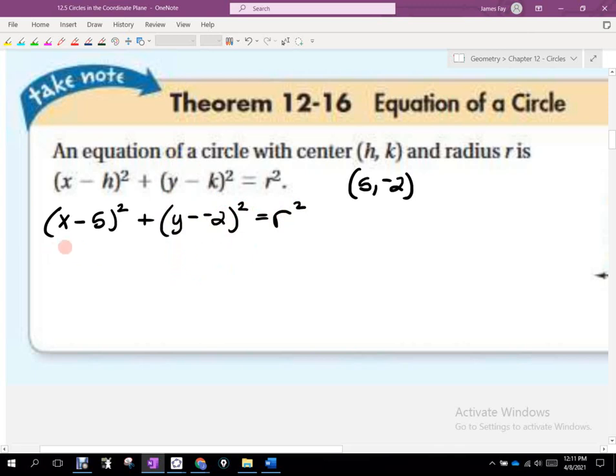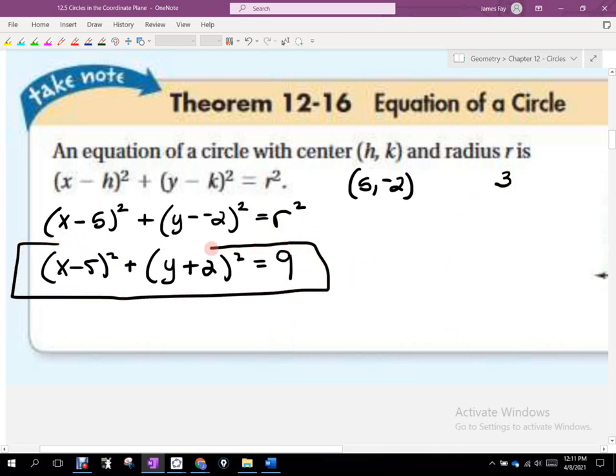That turns into x minus 5 squared plus y plus 2 squared equals r squared. Let's say we had a radius of 3. If r is 3, we would put 9 there. And that would be the equation of a circle centered at 5, -2.